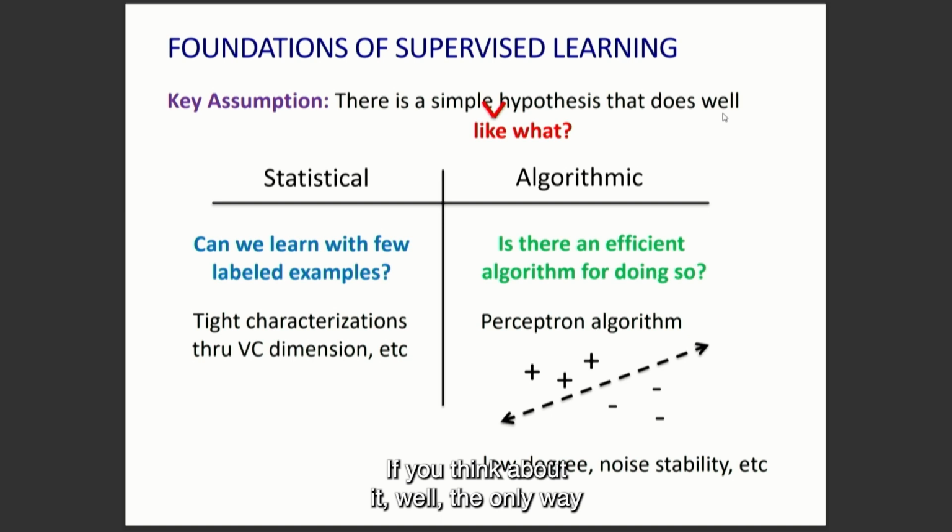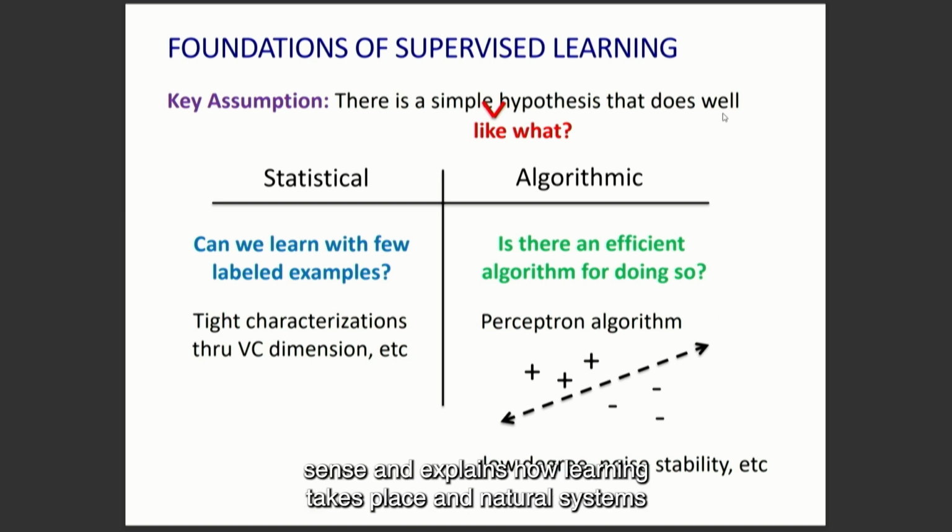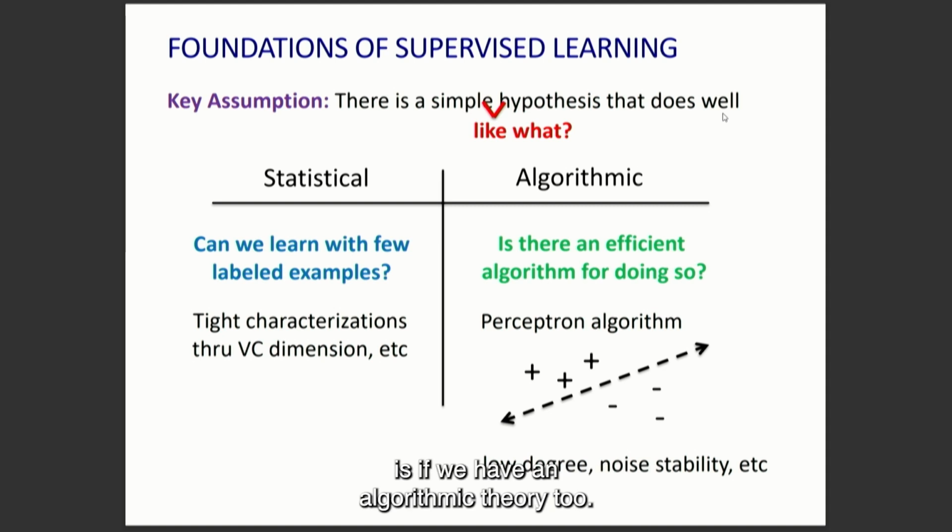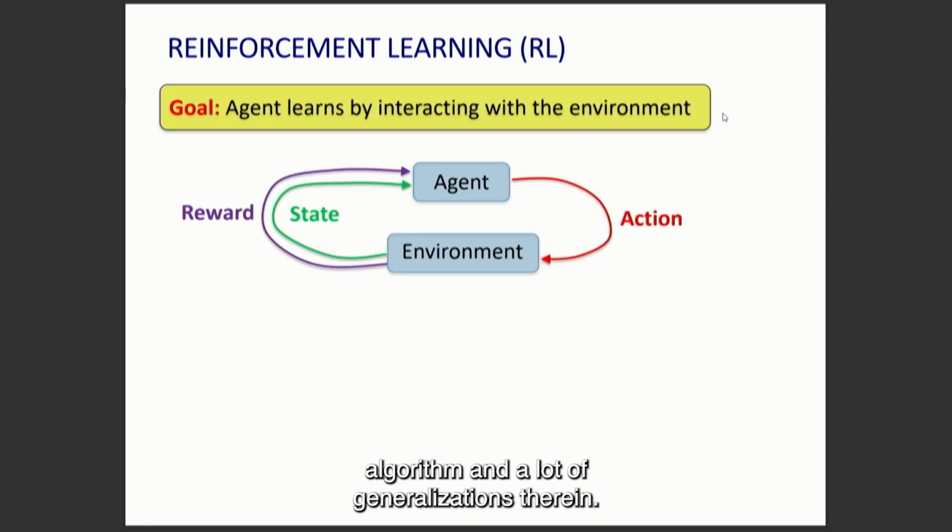If you think about it, the only way that we can have a theory that actually makes sense and explains how learning takes place in natural systems is if we have an algorithmic theory too. And that's where we get nice geometric classes of hypotheses, things like half spaces and the perceptron algorithm, and a lot of generalizations therein.